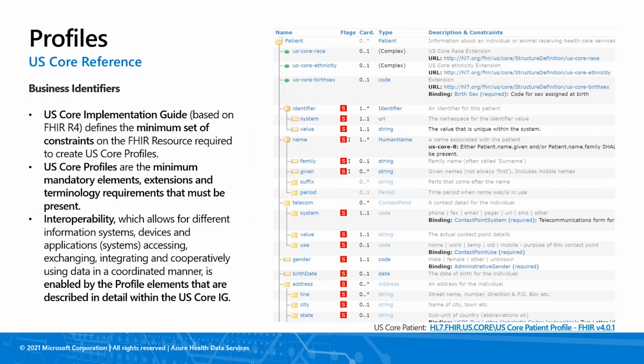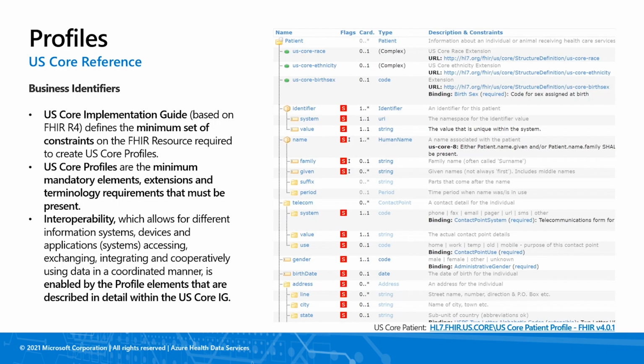Profiles. So here is a US Core reference. You're seeing a page particularly from US Core that's going to be part of a main implementation guide, showing the minimum constraints required for US Core, the type of profiles used, minimum elements, extensions, terminology definitions. How do we think about a particular hot topic in the States today? How do we think about gender?